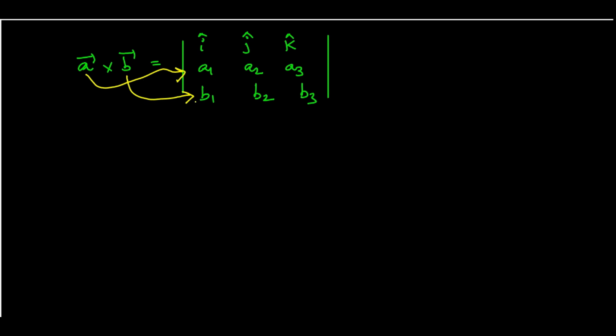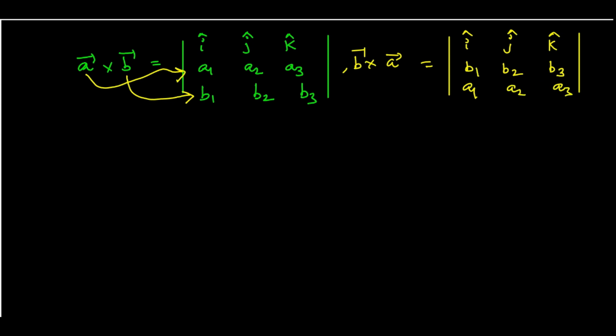So A cross B is this, right? If you are writing B cross A, you get i j k, B1 B2 B3, A1 A2 A3. So here the first will go there, the second will go there. Okay, don't get confused.